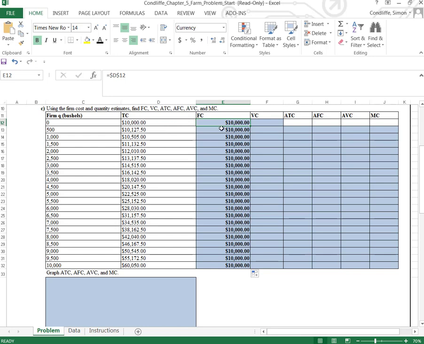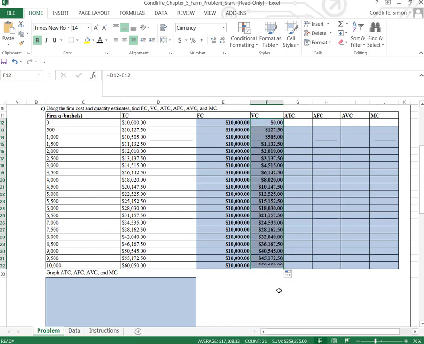So for the variable cost, that is going to be the difference between the total cost and the fixed cost. So there's no difference when there's 0 output, but obviously this grows as we produce more.